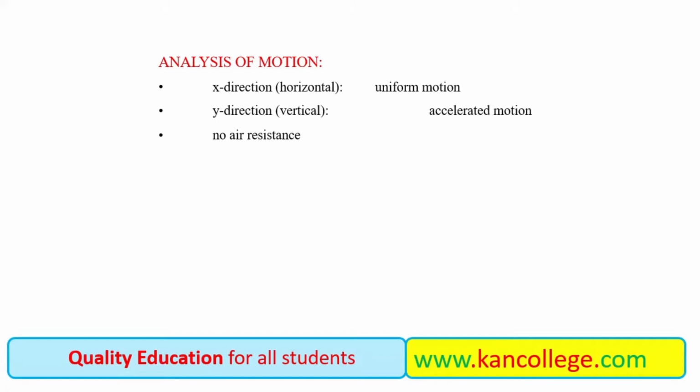Accelerated means velocity changes, it speeds up or speeds down. During the upward motion, the velocity of the object decreases, and during the downward motion, the velocity of the object increases. So the vertical component of velocity continuously changes at a rate of 9.81 meter per second square. And it is assumed that there is no air resistance during this motion.